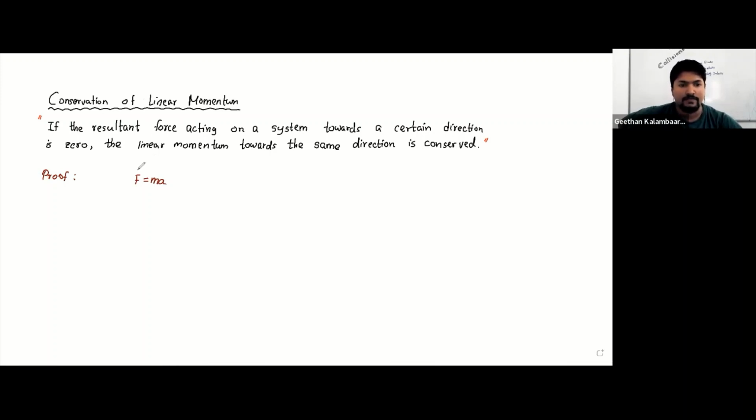So when you apply F equals ma, you have to mention the direction and you have to mention to whom that we apply this equation. So I'm going to say that applying F equals ma to a certain system to a certain direction.